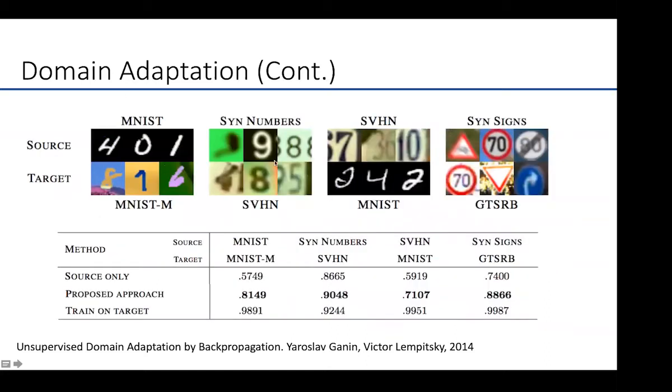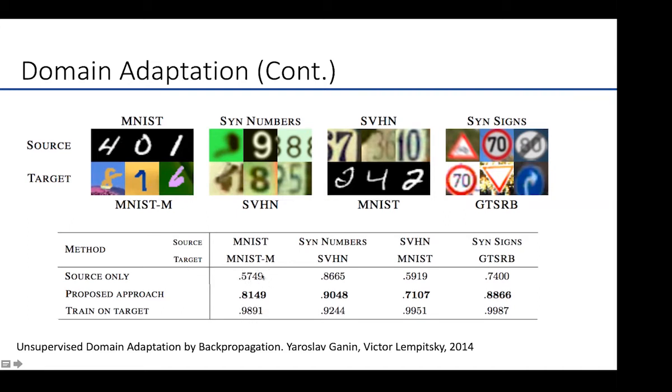So these results are from the original paper. I put a link here. When the model was trained, there are two domains: the source domain, which has labels, and the target domain, which doesn't have any labels. When the model was trained only on the source domain and predictions were done for the target domain, the accuracy is so low. When the model was trained in the usual way on the target domain and predictions were done for the target domain, the accuracy is so high.